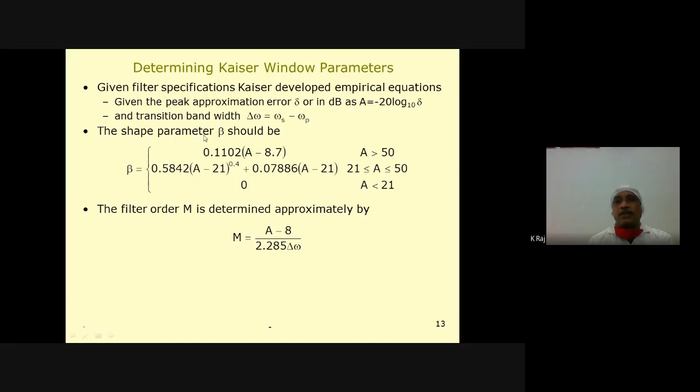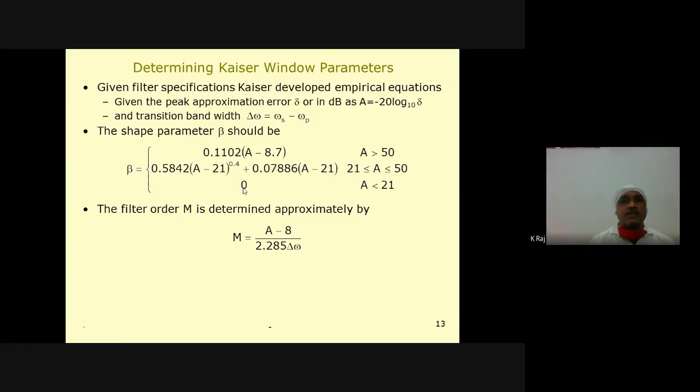The shape parameter beta is defined by three values depending on A. If A is greater than 50, beta is 0.1102 multiplied by (A − 8.7). If A lies between 21 and 50, beta is 0.5842 multiplied by (A − 21) to the power 0.4, plus 0.07886 multiplied by (A − 21). And if A is less than 21, beta is 0.